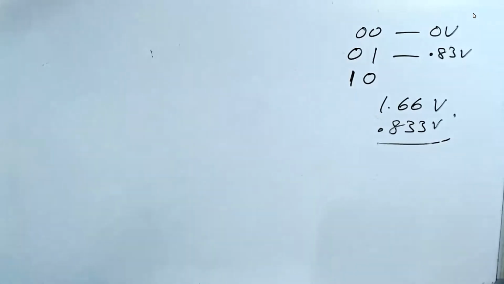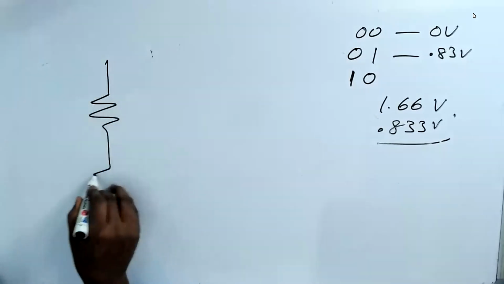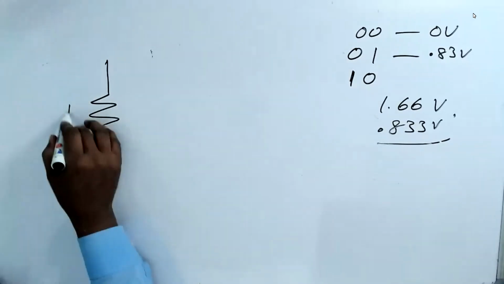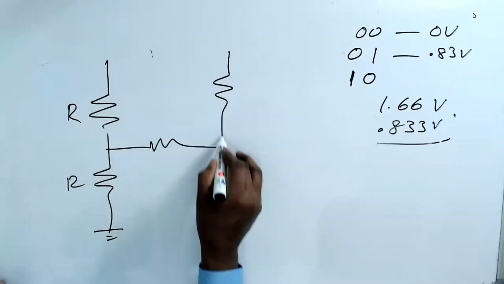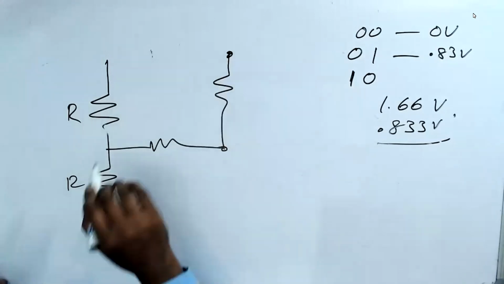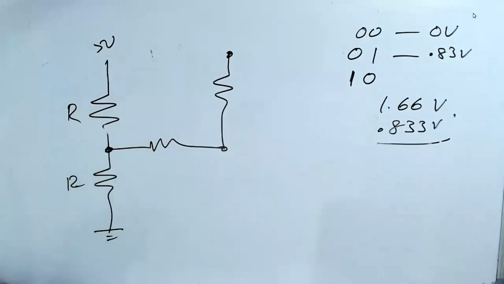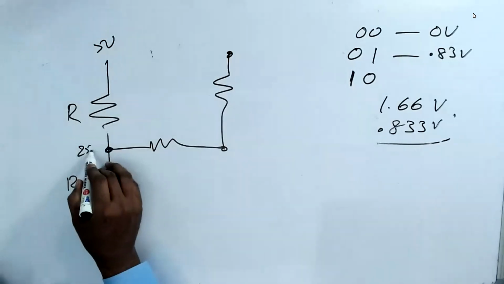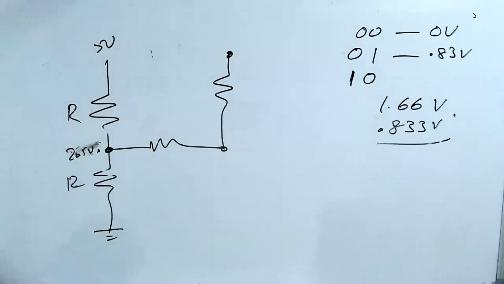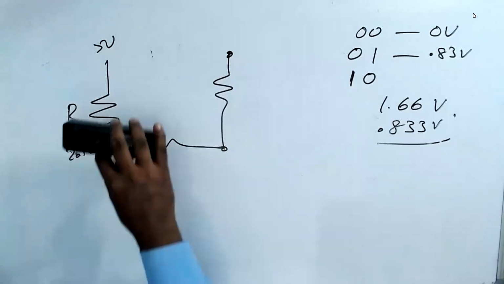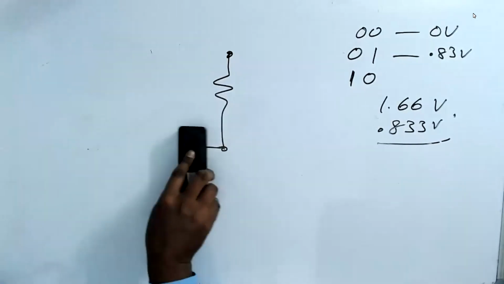I have two resistors. If I apply 5 volt, this is R and R, I get here 2.5 volt. Now what I have done is removed this and then removed this, and this is 2.5 volt. So I drew it like this.